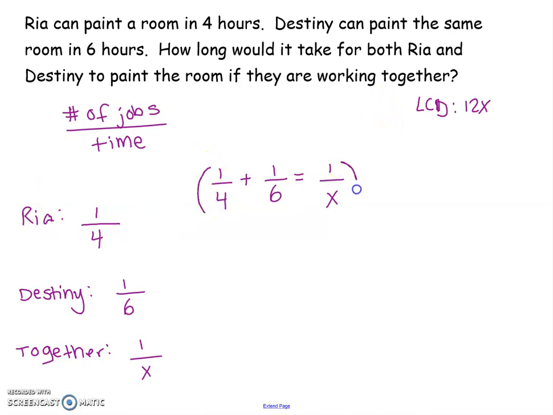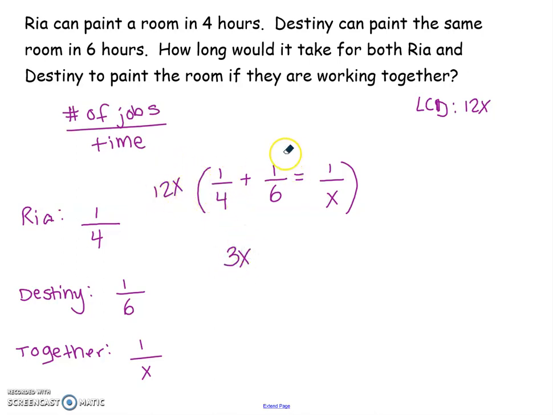So again, like our last lesson, we're going to multiply everything by that common denominator, which is 12x. So I'm going to take 12x and multiply it by the first fraction, 1/4. The 12 and the 4 can reduce and become 3, so we have 3x.